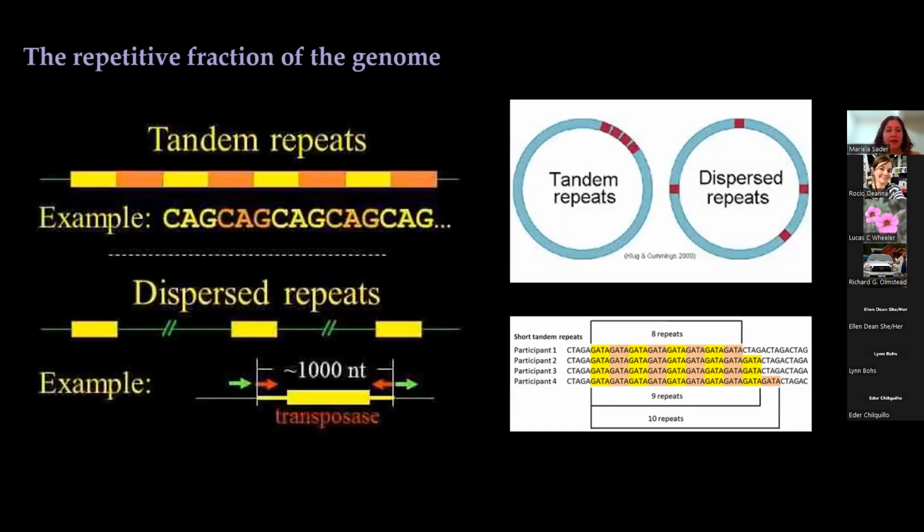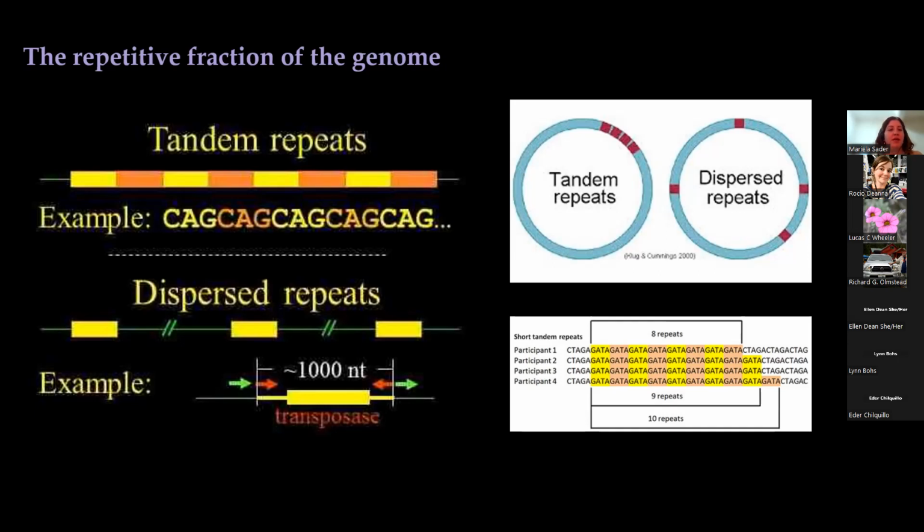Here we have a graph where we can better see what tandem repeat sequences are, each in a head-to-tail arrangement. For example, satellite or ribosomal DNA is here, or here is another example.